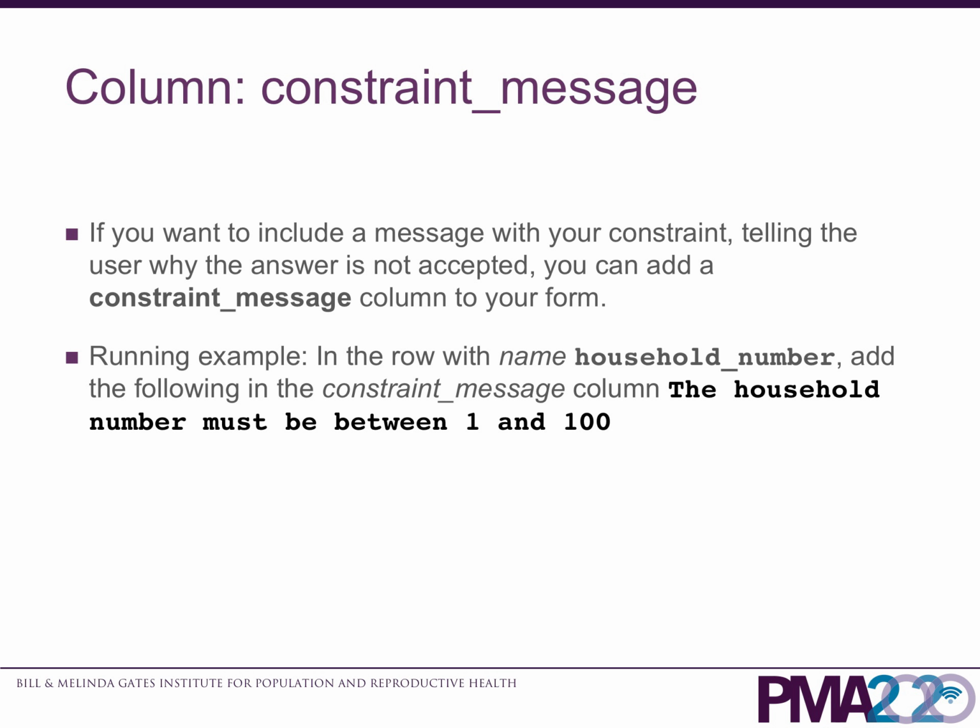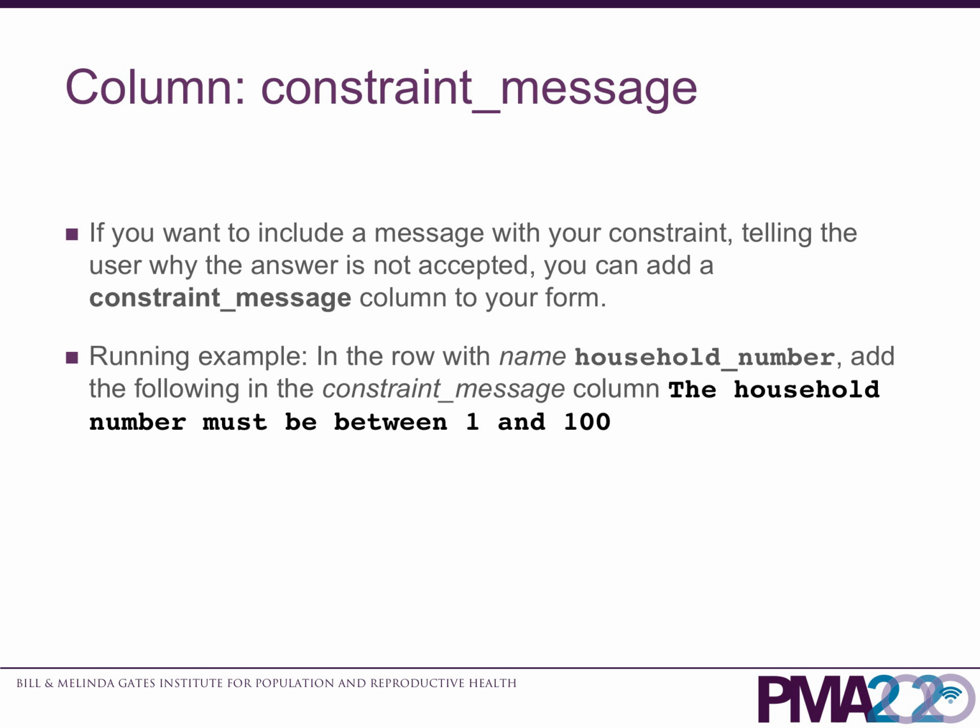Accompanying the constraint column is a column named constraint_message. When there's a constraint that is not met, the enumerator cannot go forward in the survey. Therefore, it is helpful to have a message pop up that explains what the problem is so that the resident enumerator doesn't have to guess what the error is.